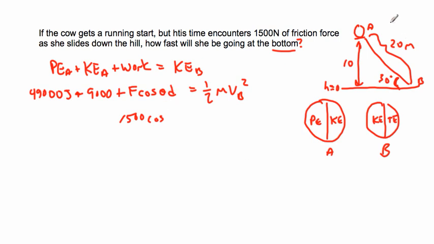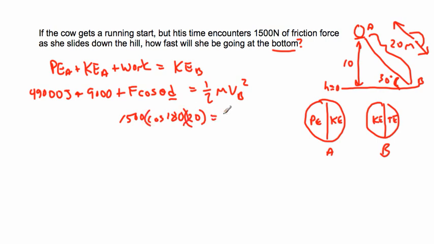The friction force on the cow is going to be back up the hill resisting its motion, and the direction of motion of the cow is down the hill, and so the angle between those two is 180 degrees. And this distance is not this height, but rather the distance over which the force is applied. That's important. That's 20 meters.